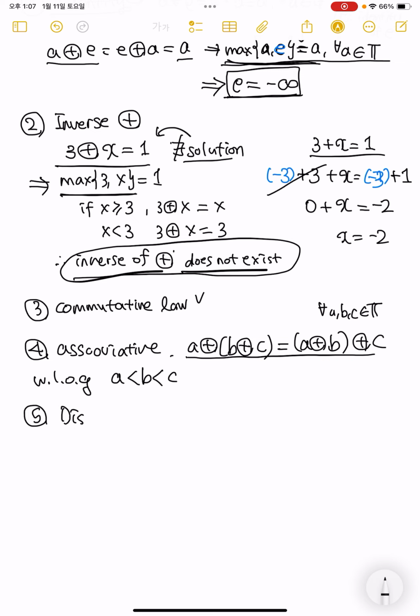Finally, the distribution law is also satisfied, which means that tropical multiplication distributes over the tropical sum.